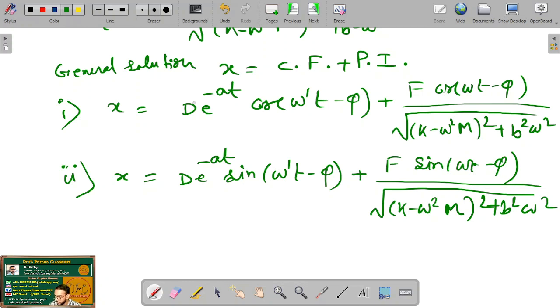So both these two equations are the general solution. One is in cosine form, another one is sine form. These are the general solutions for forced vibration under oscillatory motion or under damped motion.